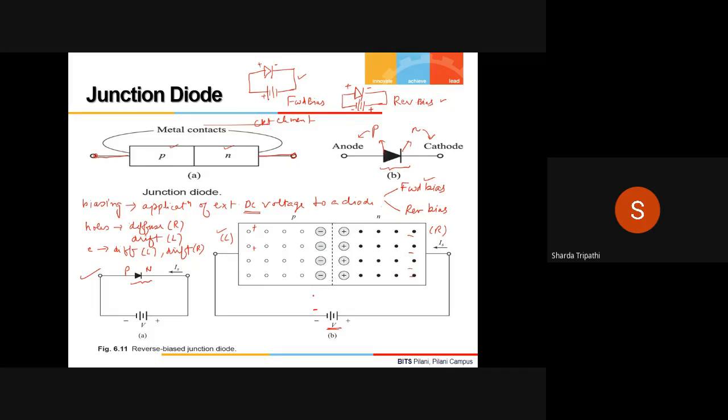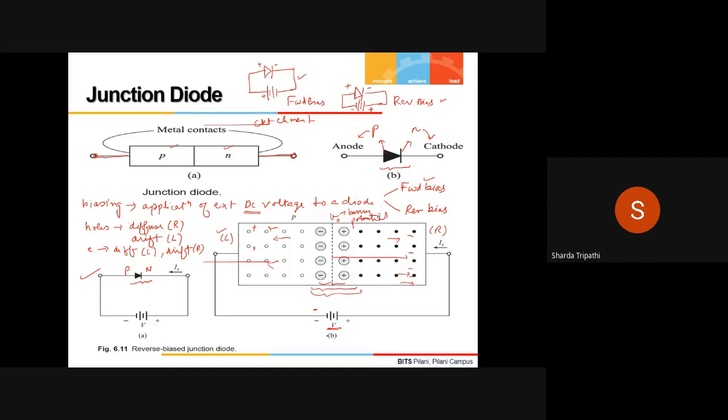So this attraction pulls away all the majority carriers towards the extreme ends of the diode. That means the depletion region starts widening. Earlier we know that the voltage across the depletion region was V0, that was my barrier potential.